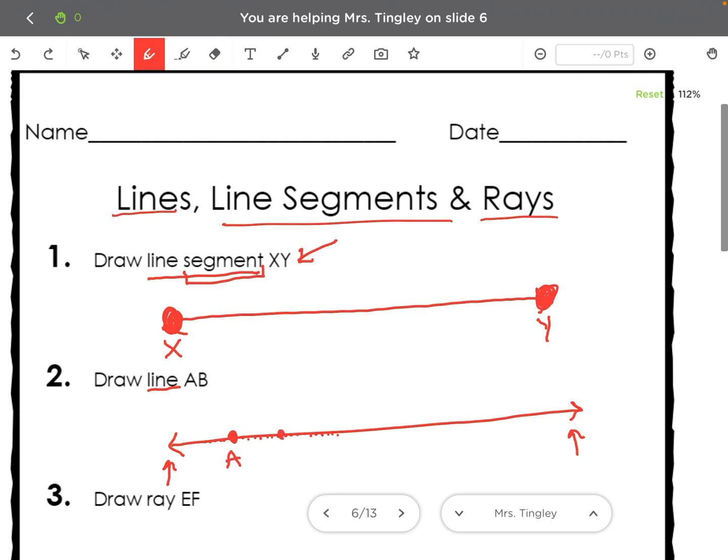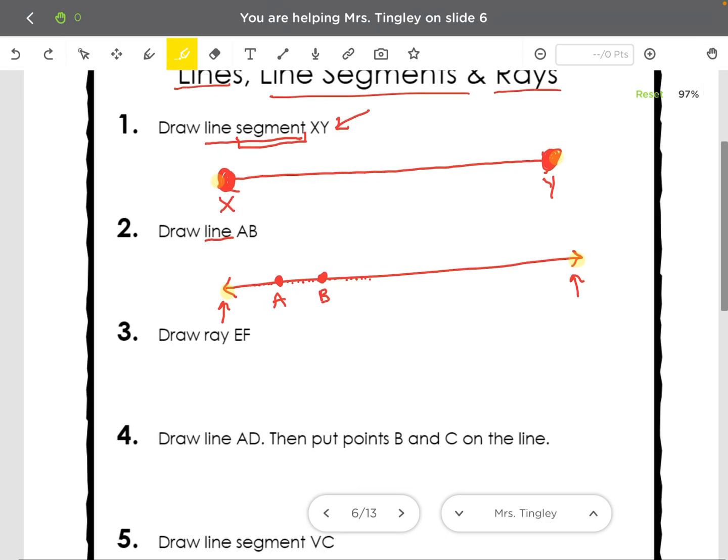So when we are labeling a line, we can label two of those dots. The difference between a line segment and a line is that lines continue forever, and we show that by the arrows, and line segments have a start and an ending point.